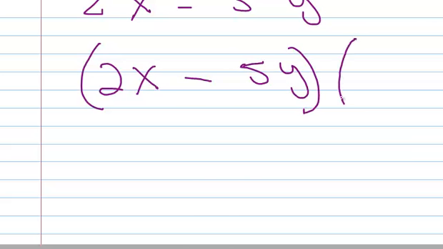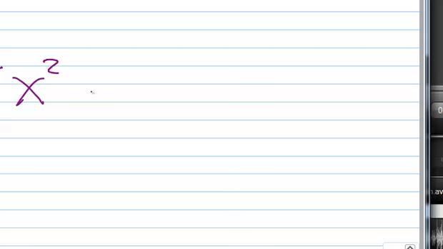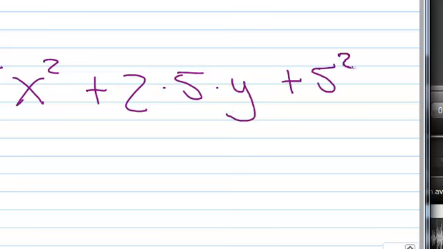That's my first factor. And then I'm going to be left with a 2 squared, an x squared, plus a 2 times a 5 times a y, plus a 5 squared and a y squared.